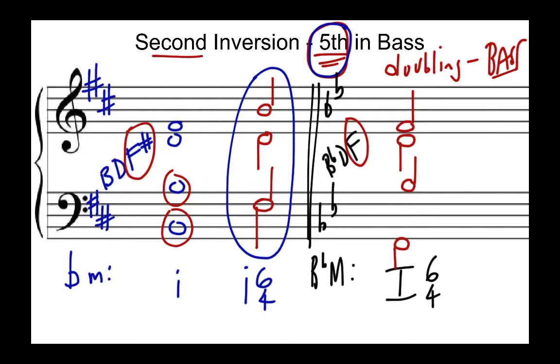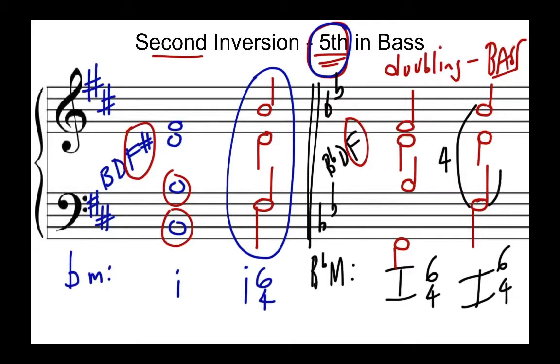Let me just do one other of that same chord. Let's put the F up an octave in the bass, and let's double it in the tenor, and let's put a B flat in the soprano, and let's put the D in the alto. So this is the same chord, and it's still considered a tonic 6-4. 6-4 meaning that the interval from the F to the B flat, that's a fourth. It's actually an octave and a fourth.